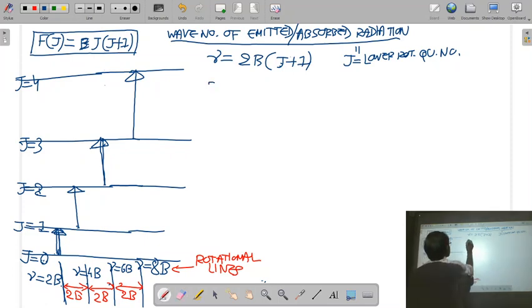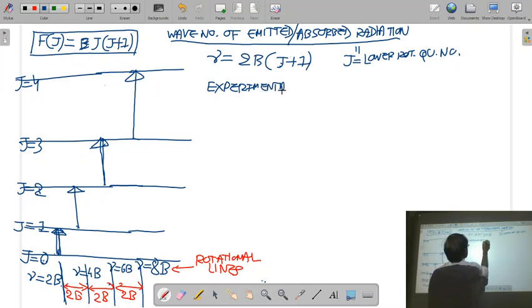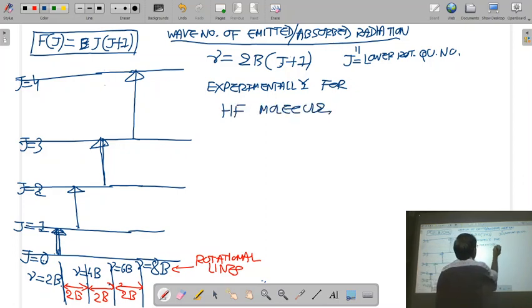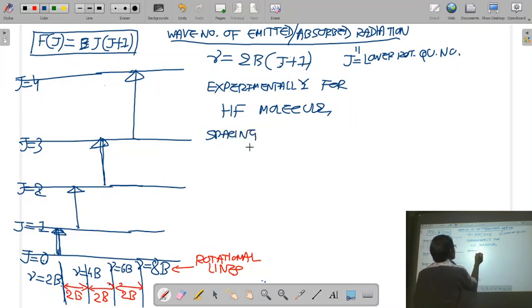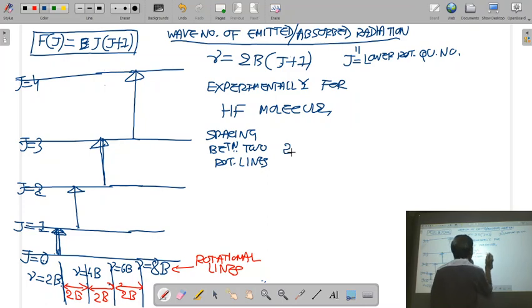See, experimentally, for the HF molecule, if you study the wave number of these different rotational lines of the HF molecule, the spacing between two rotational lines is found to be, what is the spacing between two lines?